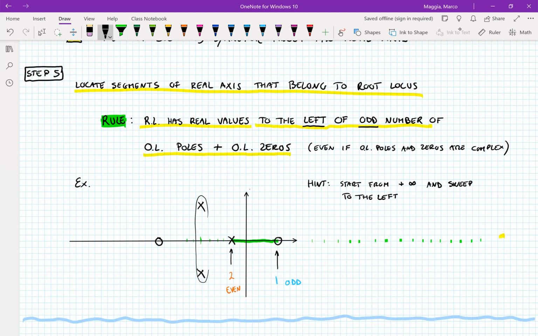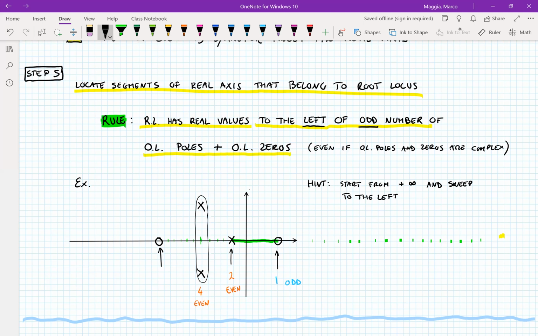a couple of open loop poles. So now the total number is 1, 2, plus 2 is 4. 4 is once again an even number, so whatever is to the left of this pair of complex conjugate open loop poles does not belong to the root locus. So we still proceed towards the left, and finally we encounter the last open loop zero.